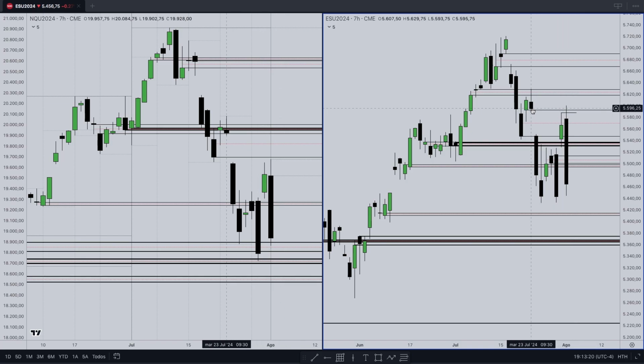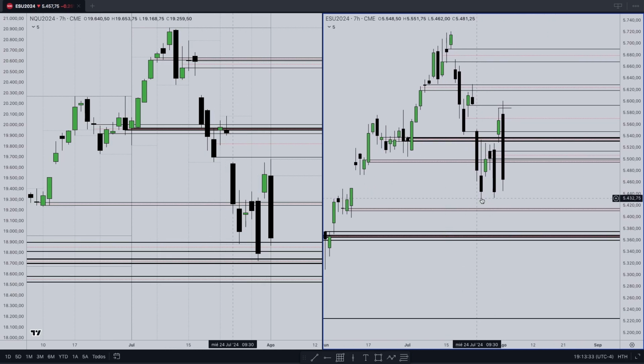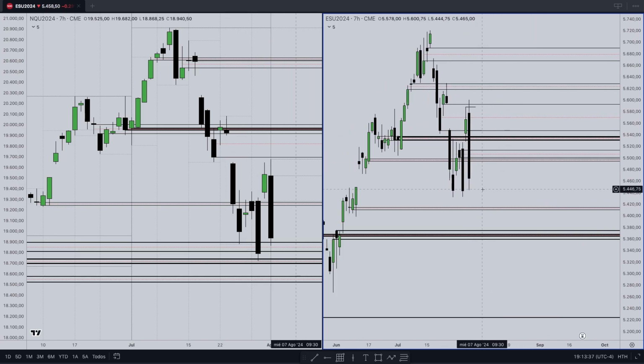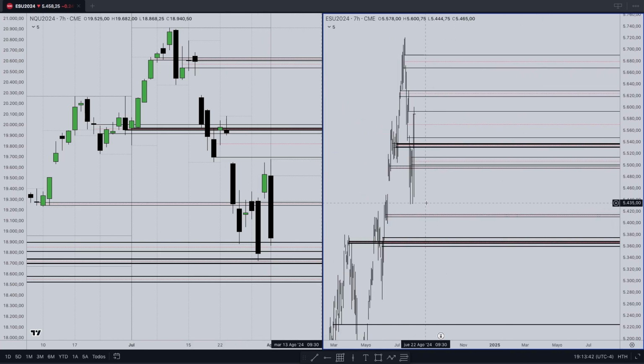This is a valid order block, and price came back again here. And look how they left these lows here. It's beautiful.